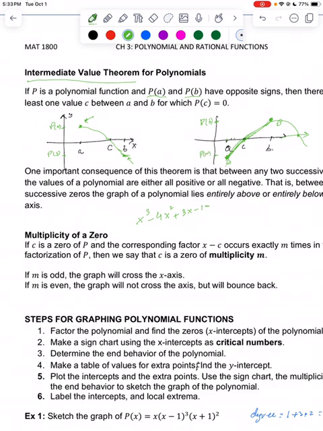Let's see, 3x squared minus, plus 12x. So we have x to the third minus 3x squared plus x squared.